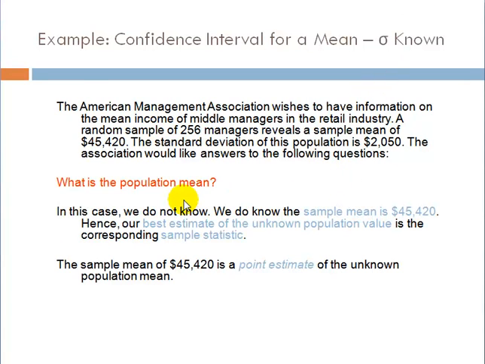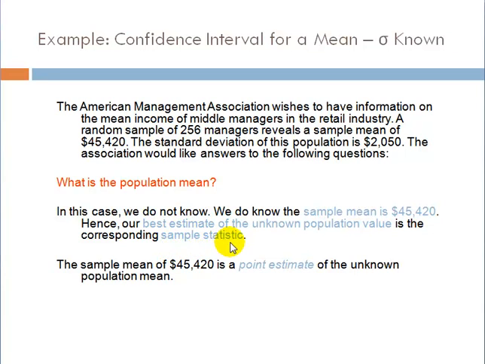For the first question, what is the population mean? In this case, we do not know. We do know the sample mean is 45,420. Therefore, our best estimate of the unknown population value is the corresponding sample statistic. Remember, a sample statistic is a feature of the sample.